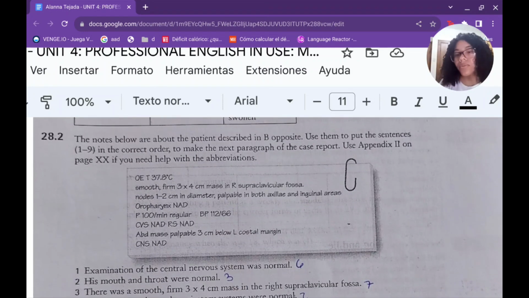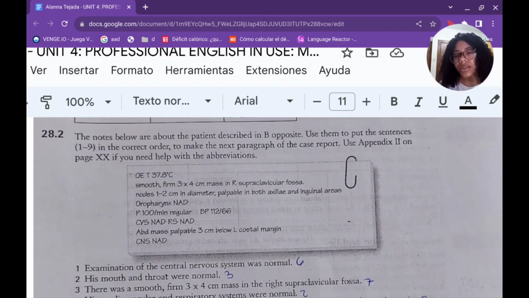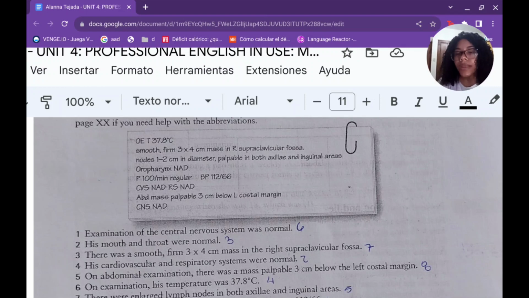28.2. The notes below are about the patients described in B opposite. Use them to put the sentences 1 to 9 in the correct order to make the next paragraph of the case report. Use Appendix 2 on page 20 if you need help with the observations. OET. 37.8 Celsius. Smooth, firm, 4 centimeters mass in right supraclavicular fossa.